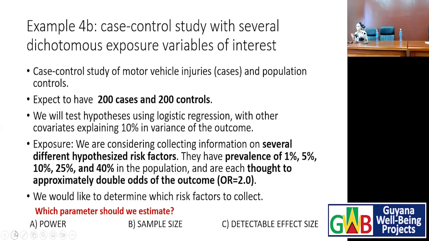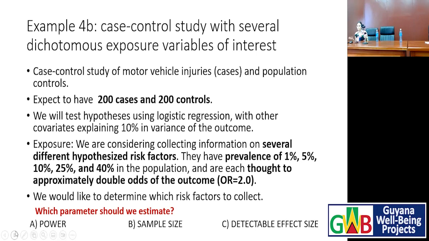The risk factors we're thinking of have prevalences of 1%, 5%, 10%, 25%, and 40% in the population. Although they're different prevalences, each of them is thought to roughly double the odds of the outcome.